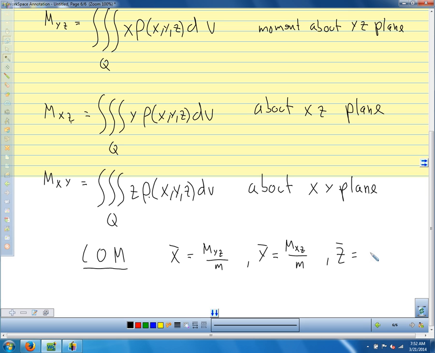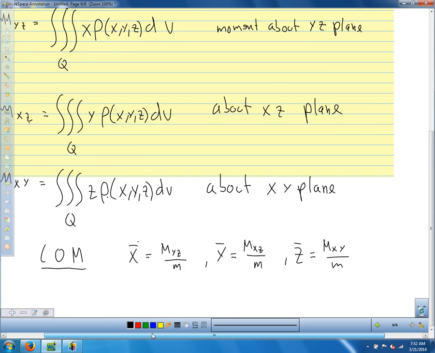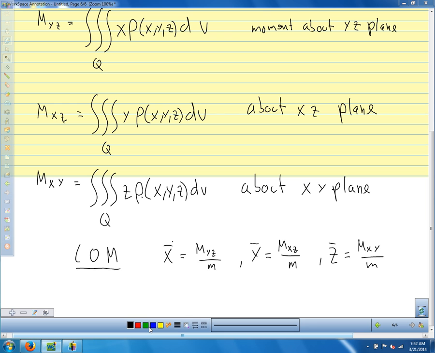And z bar is m sub xy over m. So that would be the coordinates of my center of mass of this solid region. And we evaluate these just like we've evaluated iterated integrals in the past. Plug in our functions and evaluate our iterated integrals.